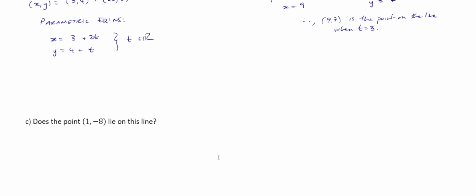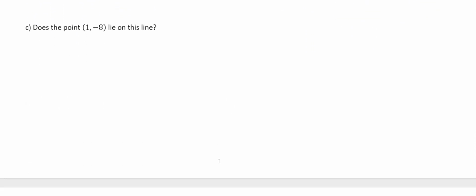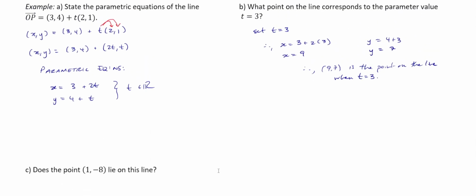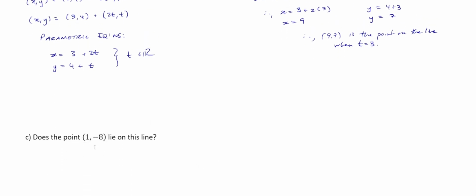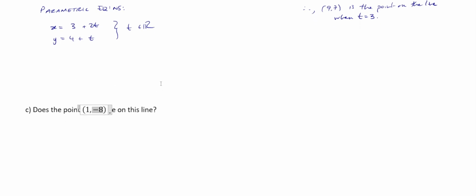Next question says, does the point 1, -8 lie on this line? So if I pick a value for t, will a single value of t give me 1 for x, and will the same value of t give me -8 for y? Let's check.